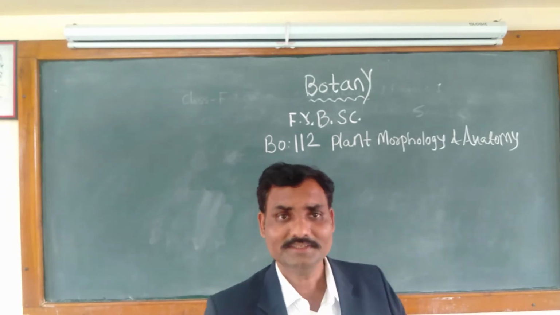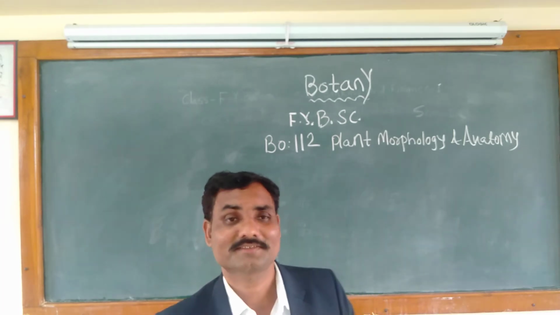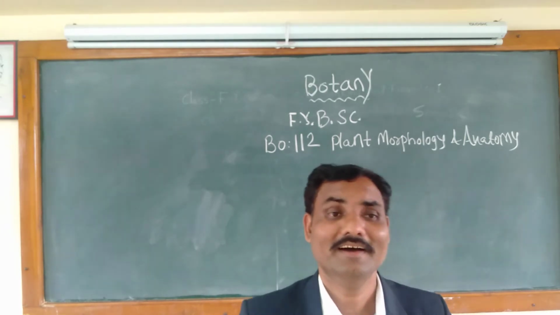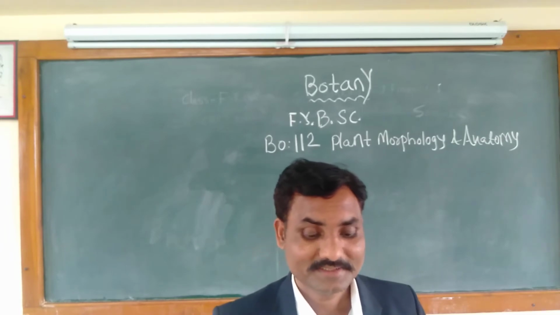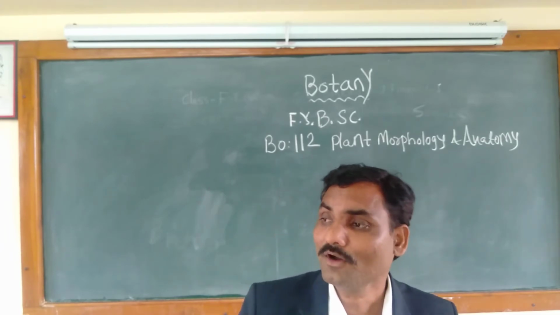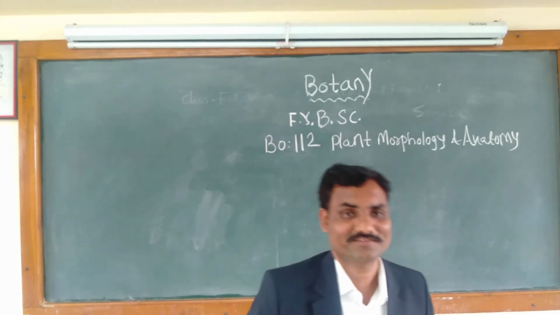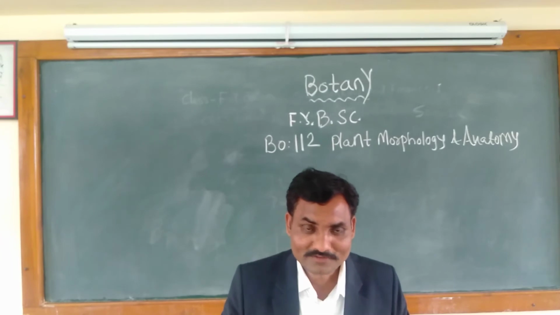In chapter 2nd, the morphology of reproductive parts. We know that the flower is a reproductive part of the plant. And in that morphology of reproductive parts, the first article is about inflorescence. What is the definition of inflorescence?